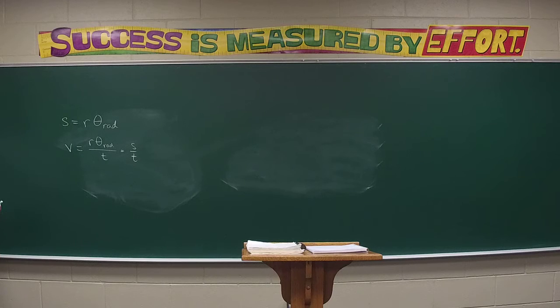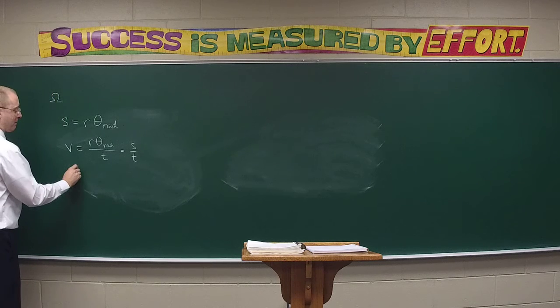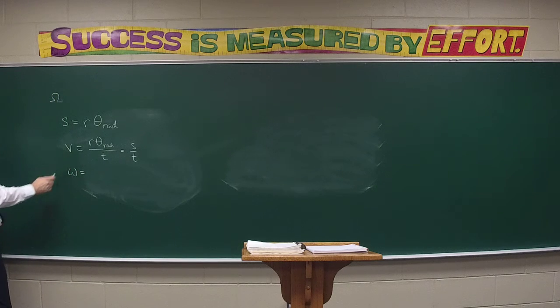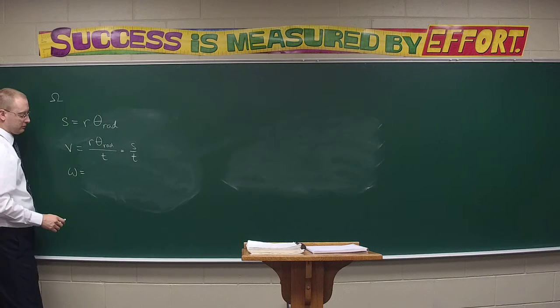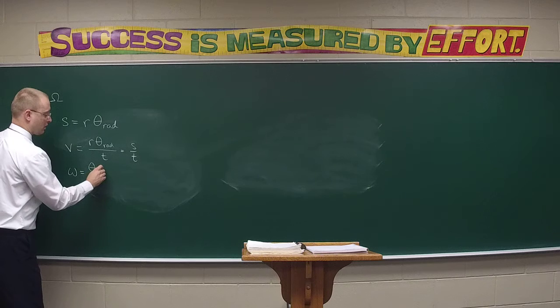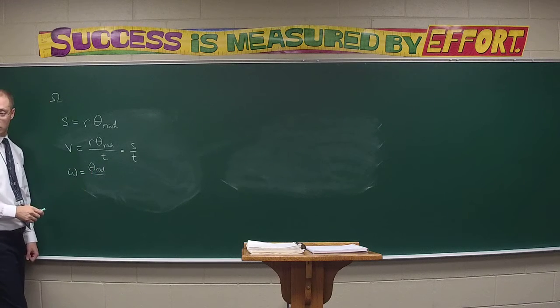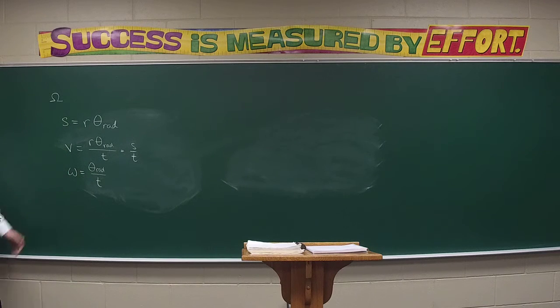It looks like a W. Omega, good. Now capital omega looks like this, but the lowercase omega looks kind of like the W. And what's our equation for omega? Theta rad over T. The angle that's accomplished, the amount of angular turn divided by time, is the angular velocity.